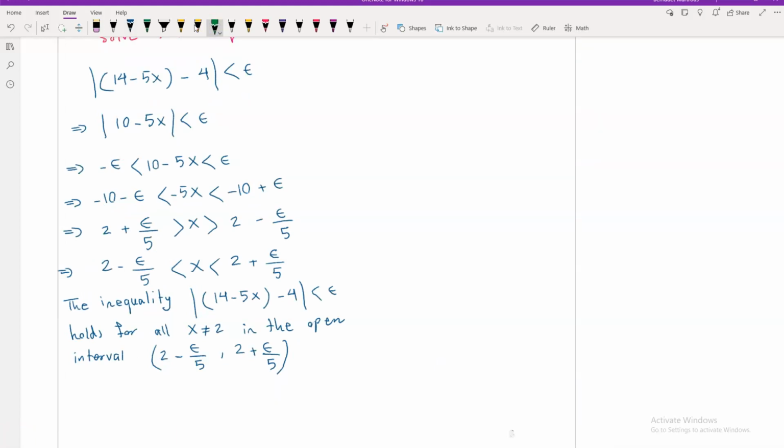Now solving absolute value of 3x minus 2 minus L, which is 4, less than epsilon.